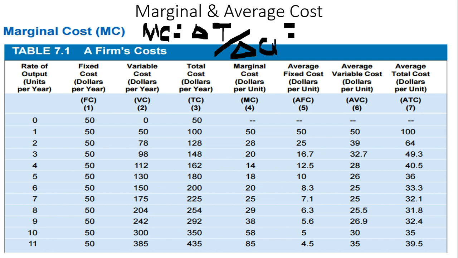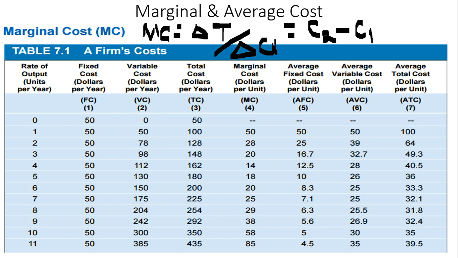So the way we get marginal cost from given numbers like these is you just get cost 2 minus cost 1. This should give you the marginal. So total cost, let's start with when output is 0. When output is 0, our total cost is 50, which means the marginal is nothing, because there's been no change whatsoever in our total cost.